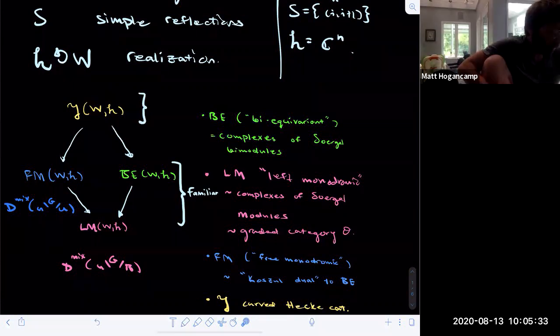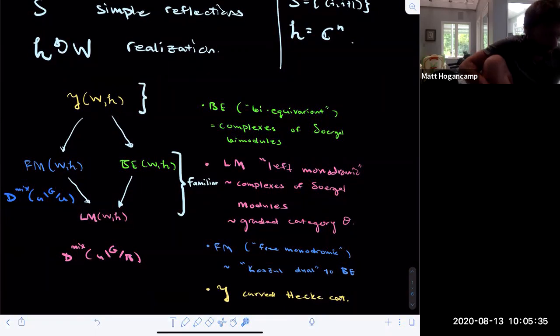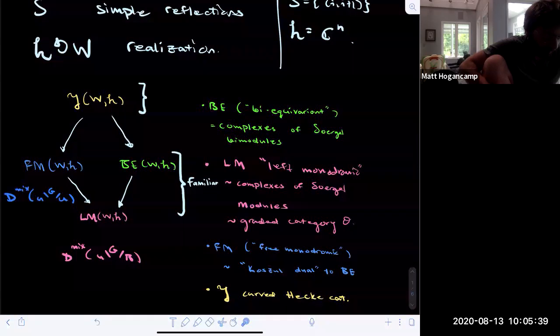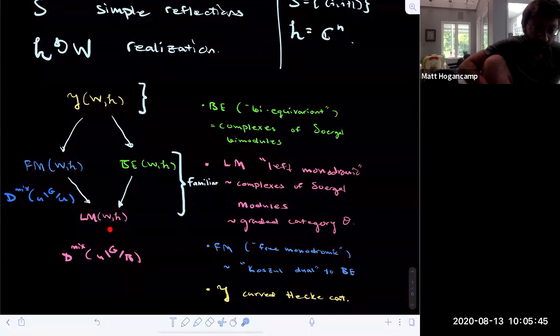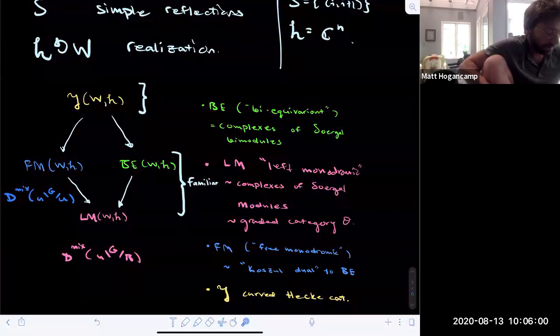And the Koszul duality statement is that Koszul duality exchanges this one with the Langlands dual, swaps these two, the green and blue categories, for the Langlands dual. So it swaps this one for H with the FM for H dual, and vice versa.